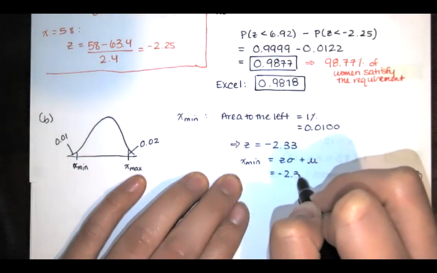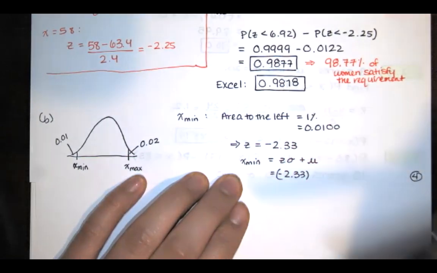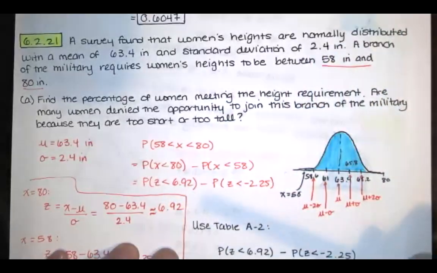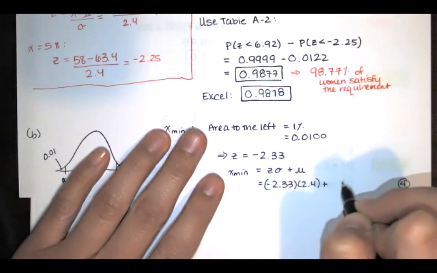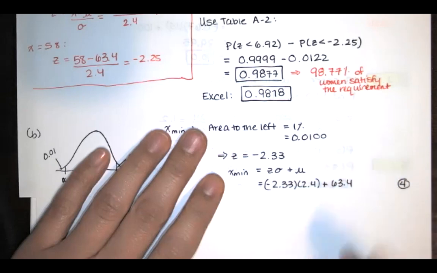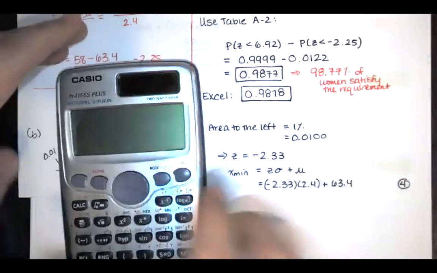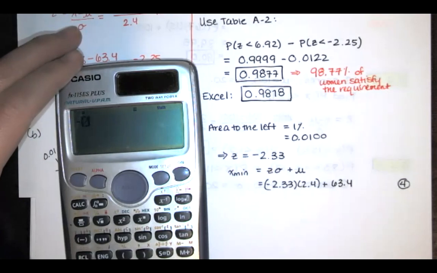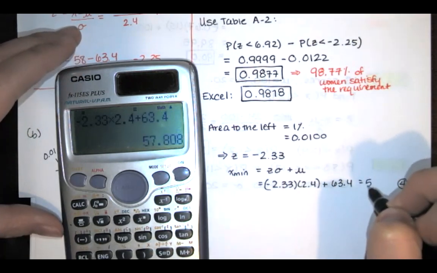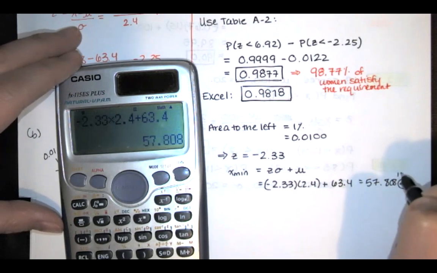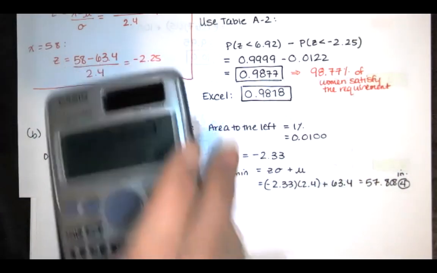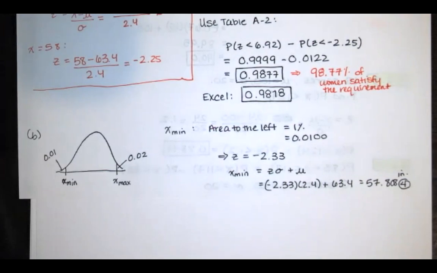So negative 2.33 times the standard deviation, which was 2.4, remember from the problem statement, plus the mean, which was 63.4. That would give us a minimum height of 57.808 inches. And I believe they wanted us to round to 1 decimal place.